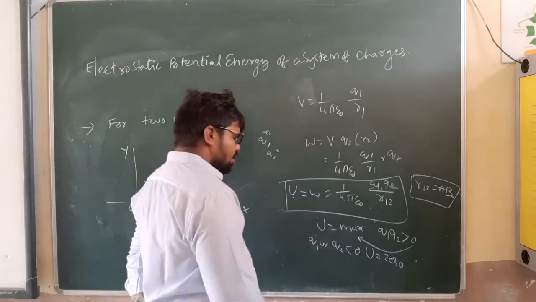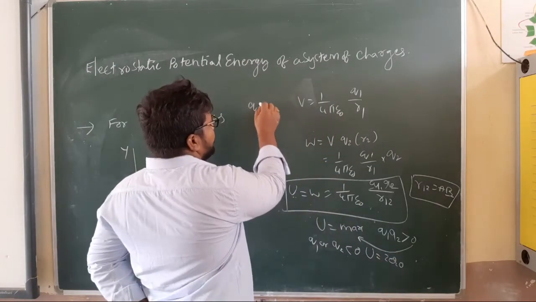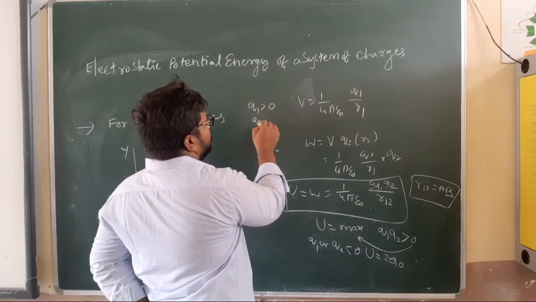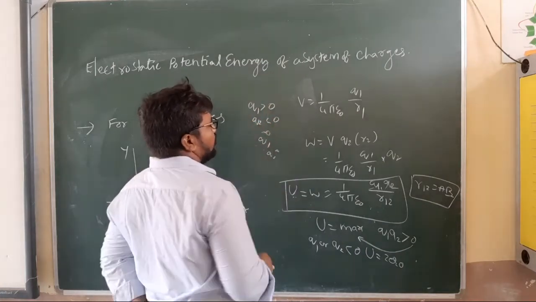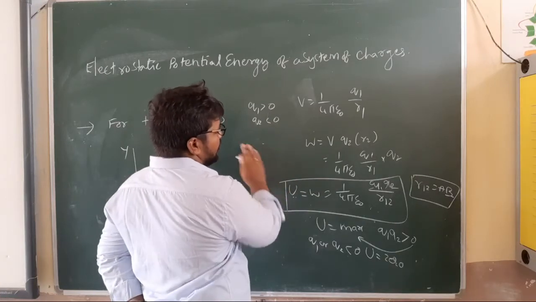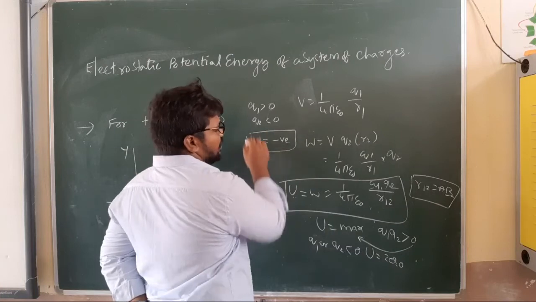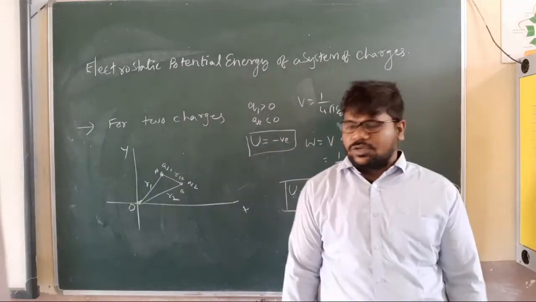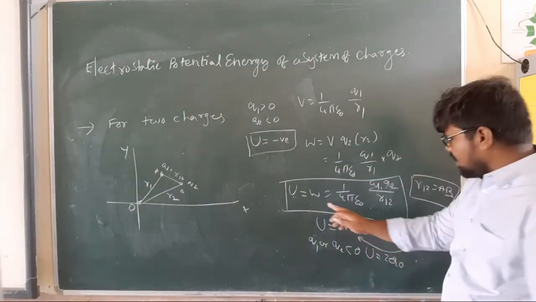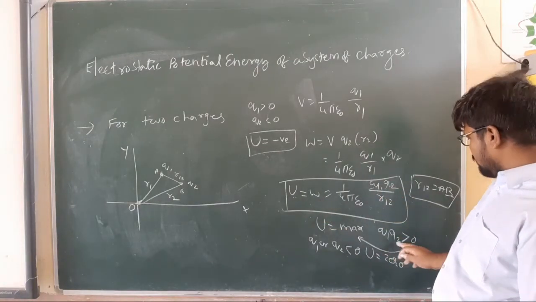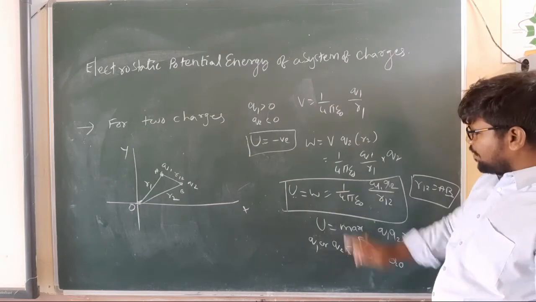Okay, it's clear. Suppose q1 is greater than 0 and q2 is less than 0. In this case we get negative potential energy; the U value is negative. Clear, my children? So based on this formula, when q1 q2 is greater than 0, we get the maximum positive value.